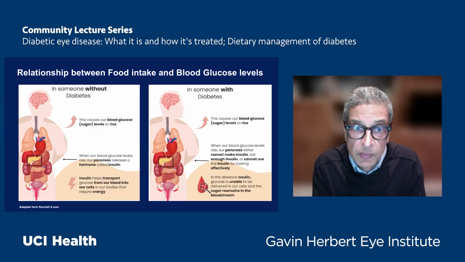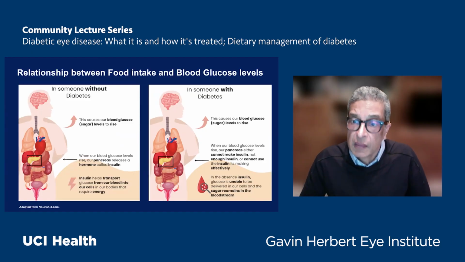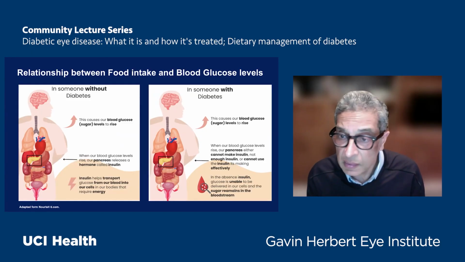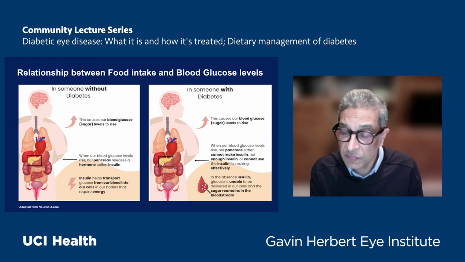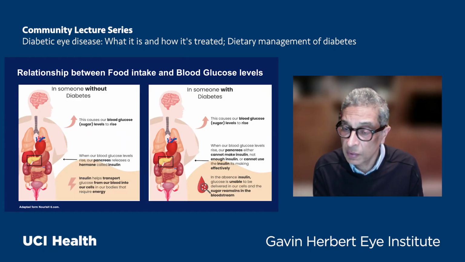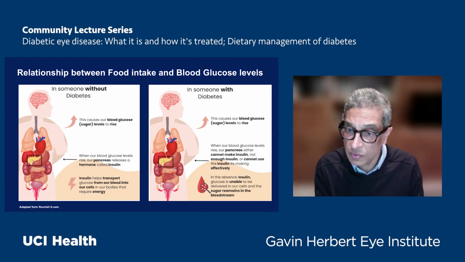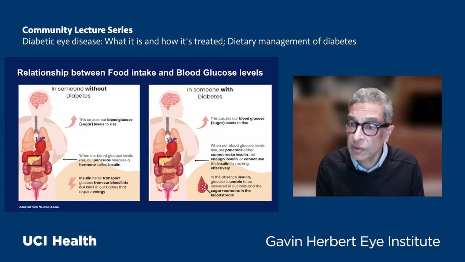And so in someone with diabetes, on the right side of this panel, you can see that the insulin that is made is not enough for the body to put all the sugar away into the tissues. And in the absence of insulin, the blood sugar is unable to enter the cells, and the blood sugar levels stay high. And that high blood sugar is what damages other tissues, including the retina that we heard about today.